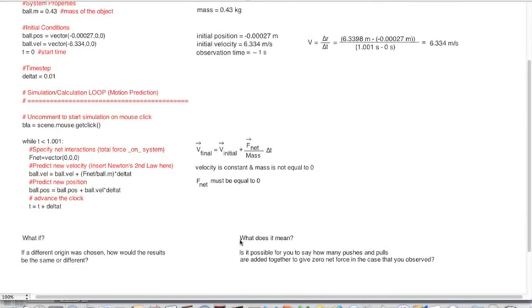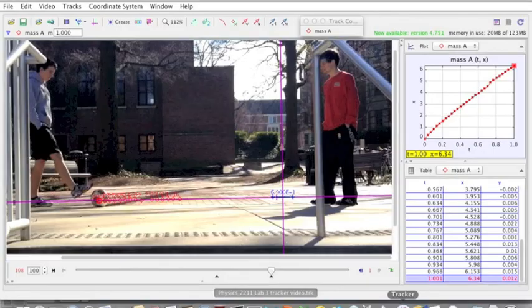So what does it mean? Is it possible for you to say how many pushes or pulls are added together to give 0 net force in the case that you observed? Well, I'd say yes, because as you see in the video, the ball is traveling along the ground, so the normal force exerted by the ground cancels out the force of gravity created by the earth, and the initial force of friction is canceled out by the force of his foot kicking it.